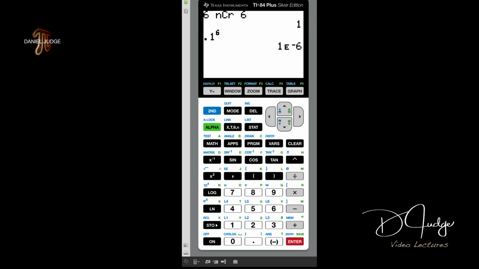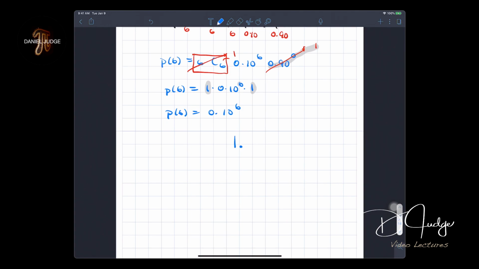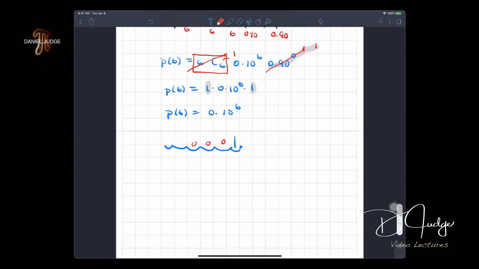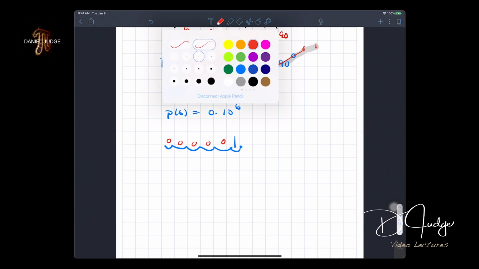Notice what you get when you compute 0.1 to the 6 power here. This is 1E to the minus 6 power. So don't forget, this is 1 with a decimal point, E to the minus 6. So I'm going to have to move this 1, 2, 3, 4, 5, 6 times, and we fill this in with 5 zeros.